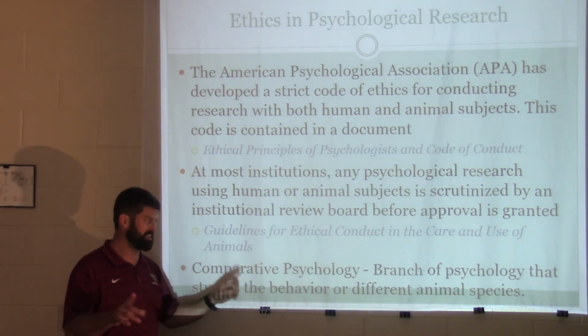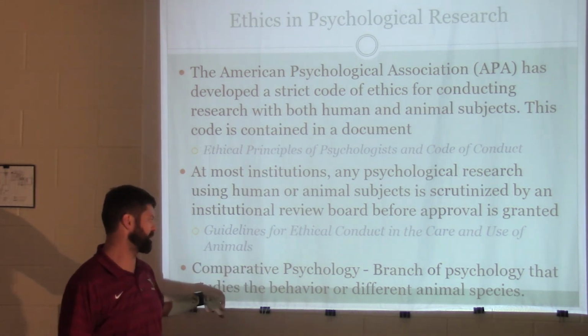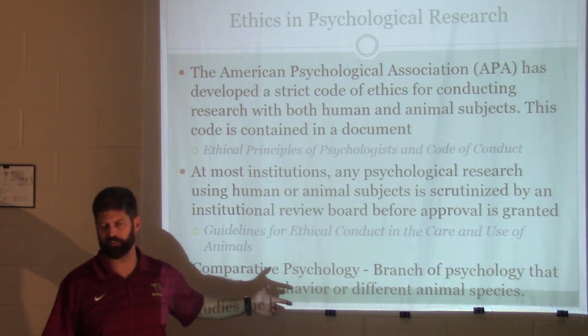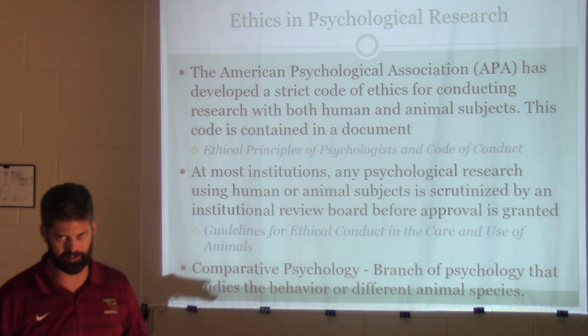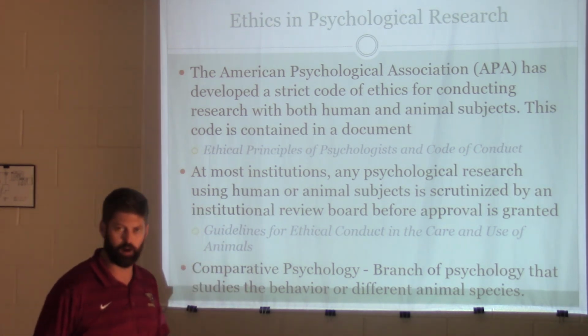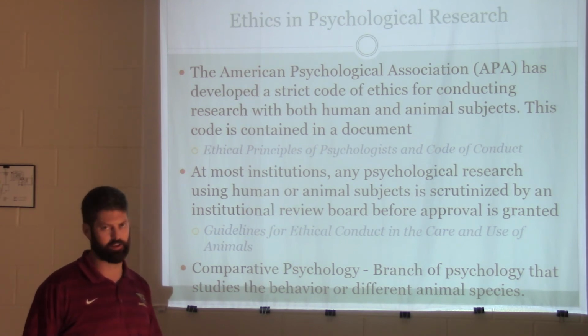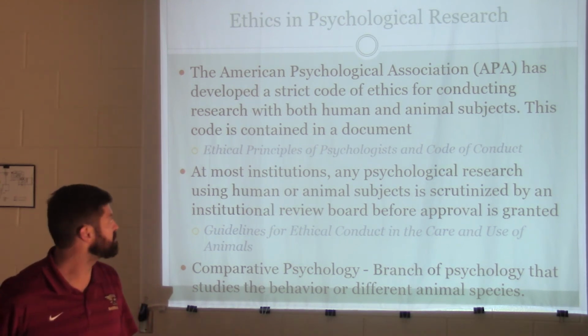Comparative psychology is the branch of psychology that studies the behavior of different animal species, and it's huge in psychology. You'll see countless studies with rats, monkeys, dogs, pigeons, tons of animals used in psychology for research.